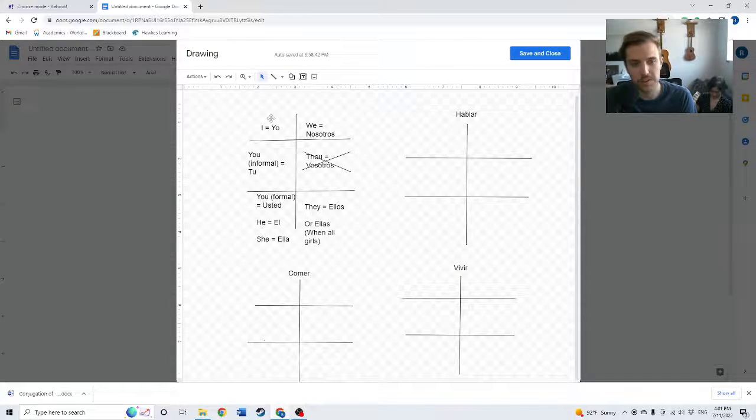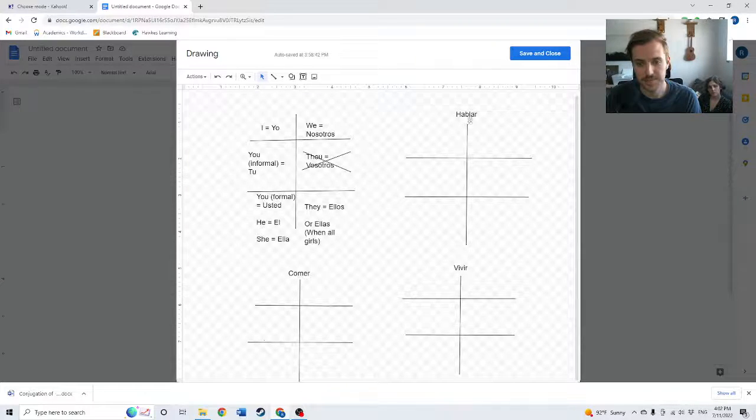So there are different ways of conjugating a verb. There's I, you. In Spanish, there's two different yous, one that's informal and one that's formal. There's he, she, we, and they. So I might say something along the lines of, with the word hablar, which is to speak, I speak, you speak, he speaks, she speaks, we speak, they speak.